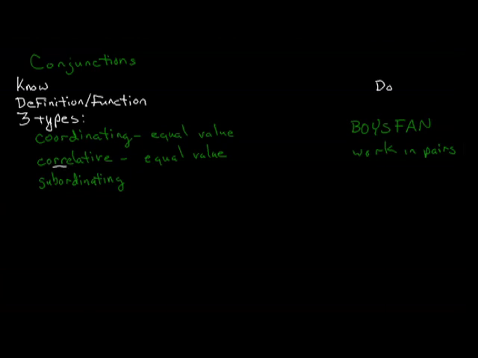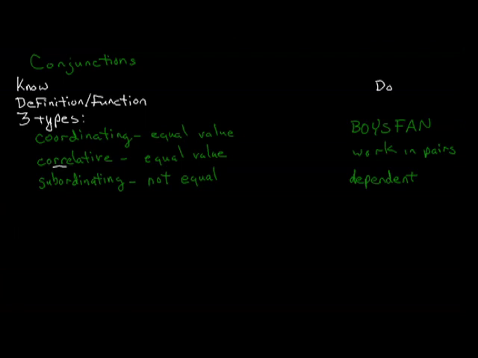The final type of conjunction is subordinating. And subordinating conjunctions are not equal. They show a dependence between the things being connected. So in a subordinating conjunction relationship, one of the things is more important.